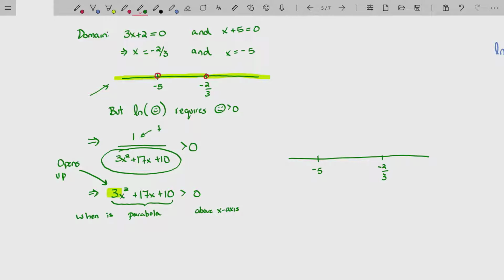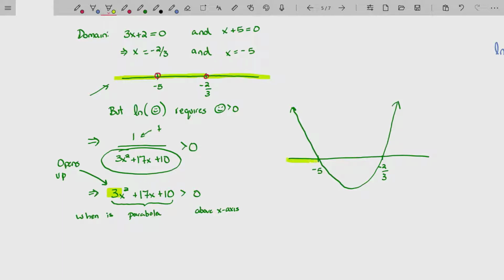So without even really doing a precise sketch, at least I get a rough sketch that the parabola looks something like this. It's an upward opening parabola. It has x-intercepts at -5 and -2/3. And I am just asking the question, when is this parabola above the x-axis? And you can see it right there. There's not a lot of work to this problem once you know how to do this.